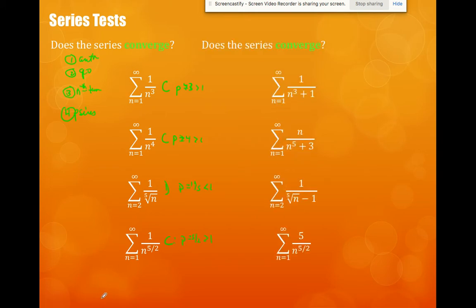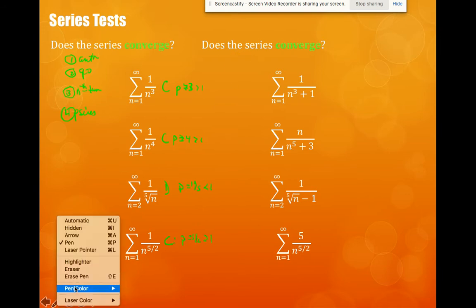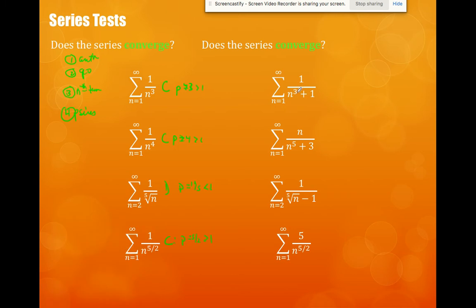What about these? Look at those. Each one of these is purposefully very close to the p-series that you just found. So here is a situation where I really, really wish this was a p-series. It's super close. It's very similar to a famous function, right?